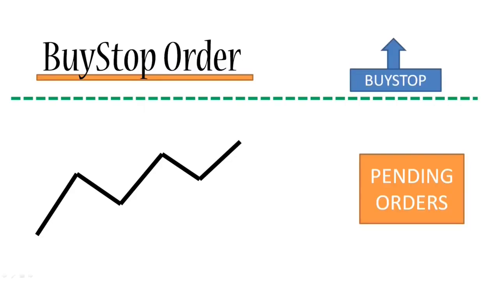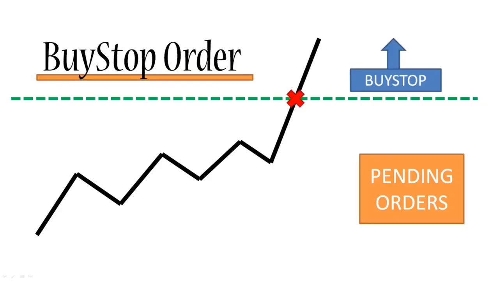So you're saying, if something were to happen, then I want my terminal to enter the market automatically for me. In this case, you're saying that if the price reaches this green line, I want to enter the market with a buy order. So let's see how that happens.